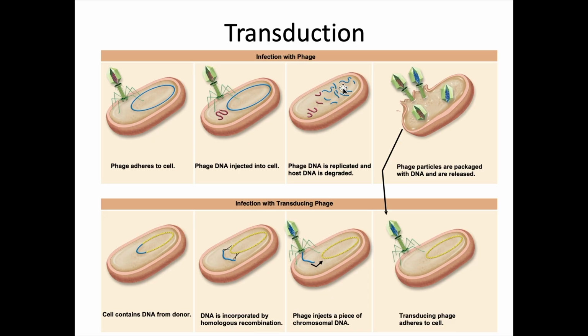This is some random scrap of bacterial DNA from the previous host. This cell kind of lucked out in getting the dud phage attacking it, and now it's got some random new piece of DNA, and it may incorporate it into its genome, thereby acquiring new stuff.